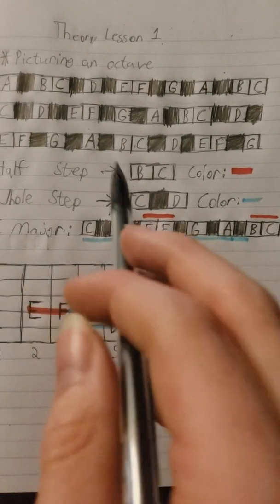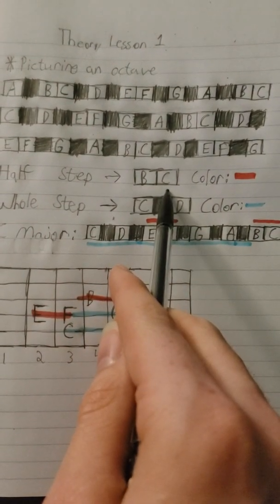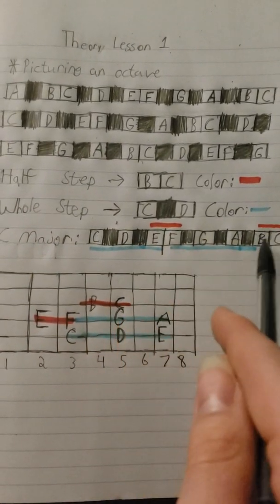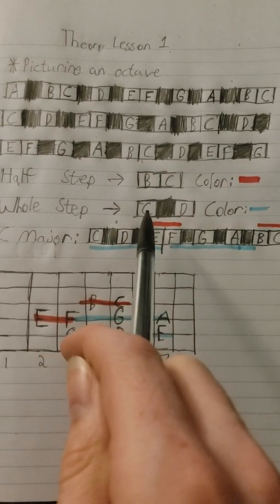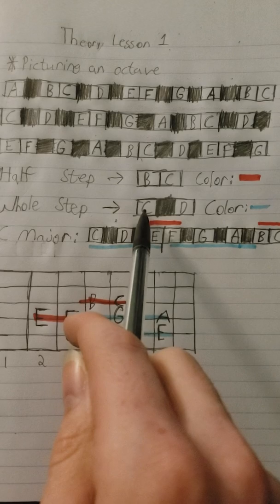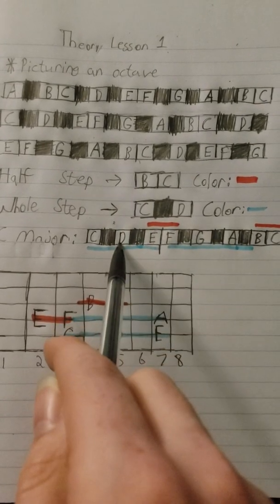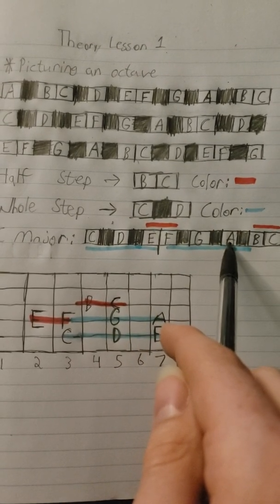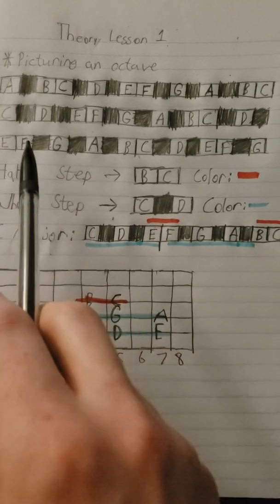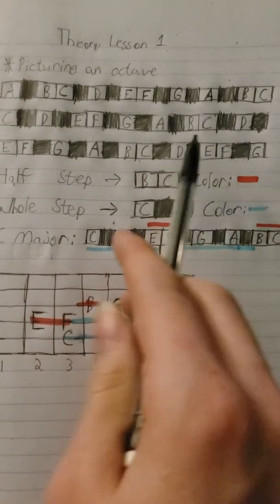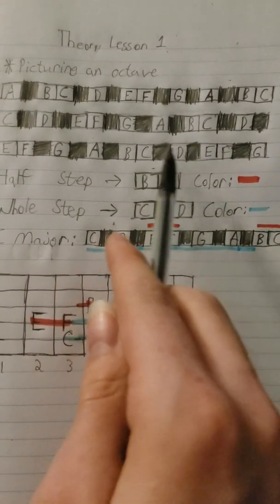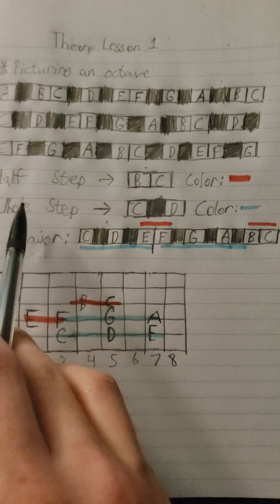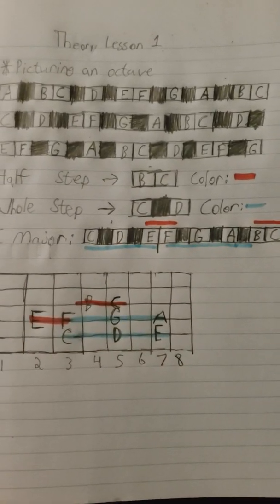So a half step would be a white key to a white key, B to C, E to F. A whole step would be from, say, C to D, D to E, F to G, G to A, or A to B. So there's a space between every single letter except for B and C and E and F. And that space is another note still, but for the moment, we're not going to worry about those notes.